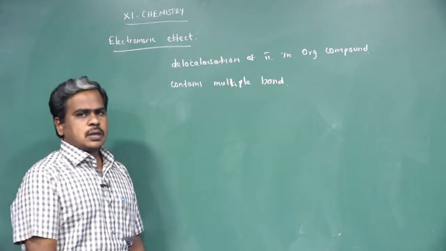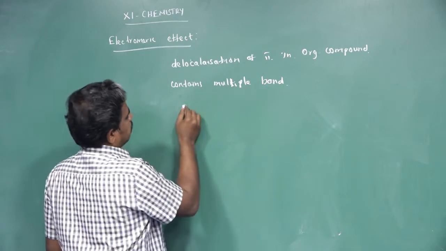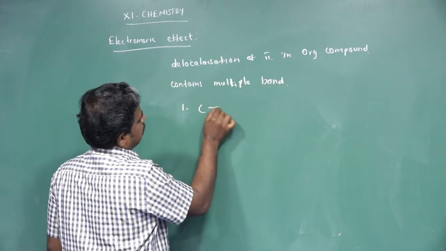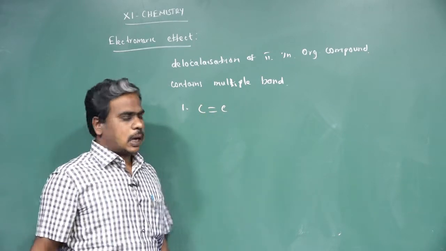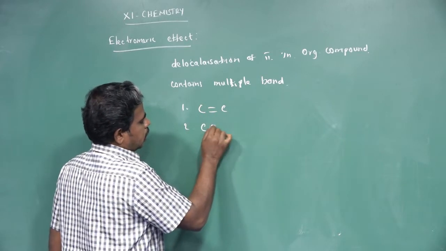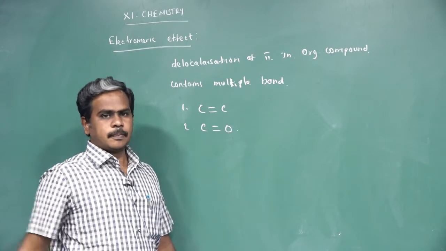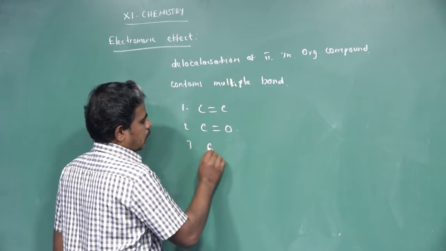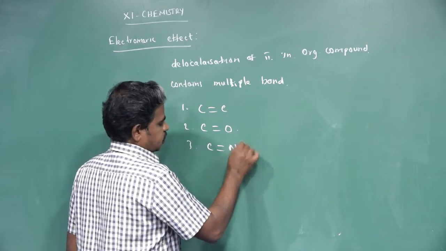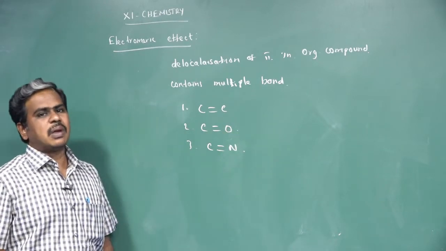For example, the multiple bond, that is carbon double bond carbon, or carbon double bond oxygen, or carbon double bond nitrogen. So these are all multiple bonds.